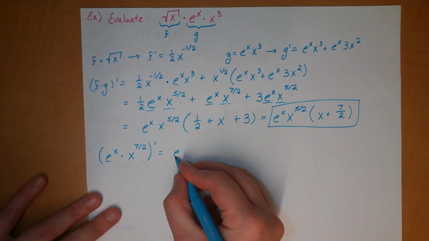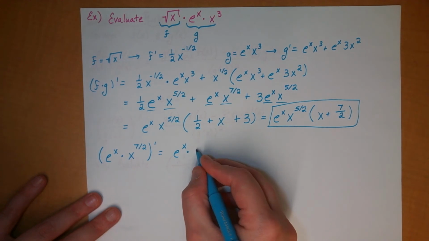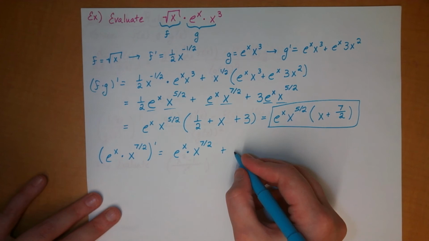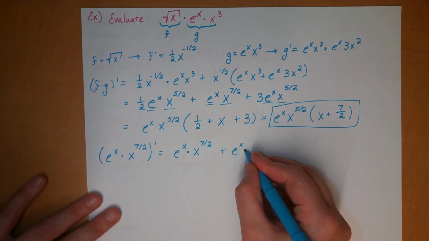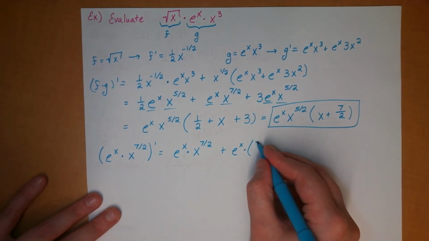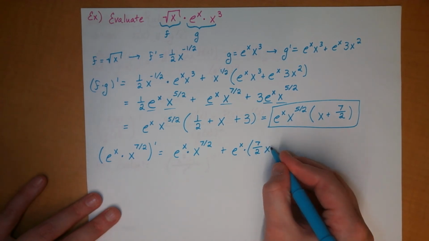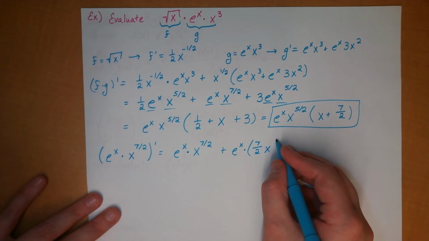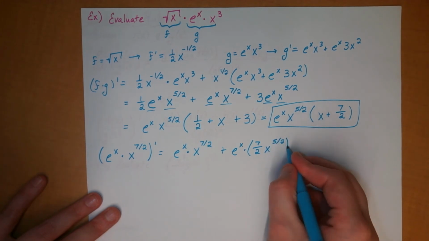That's going to be the derivative of the first times the second one left alone, plus the first one left alone times the derivative of the second, which would be 7/2 times x to the, if I subtract 1 from this exponent, I'm going to get 5 over 2.